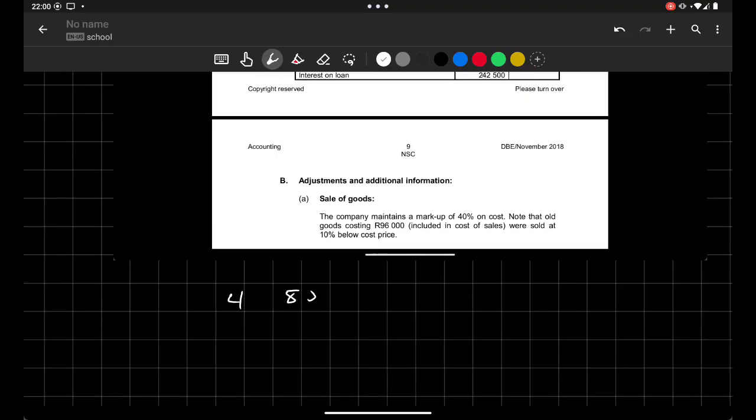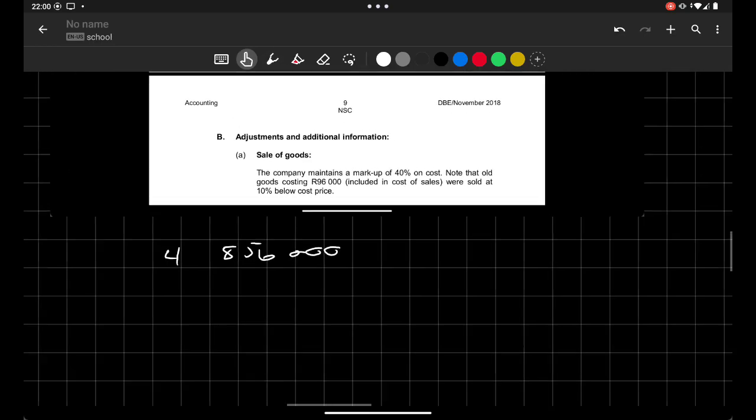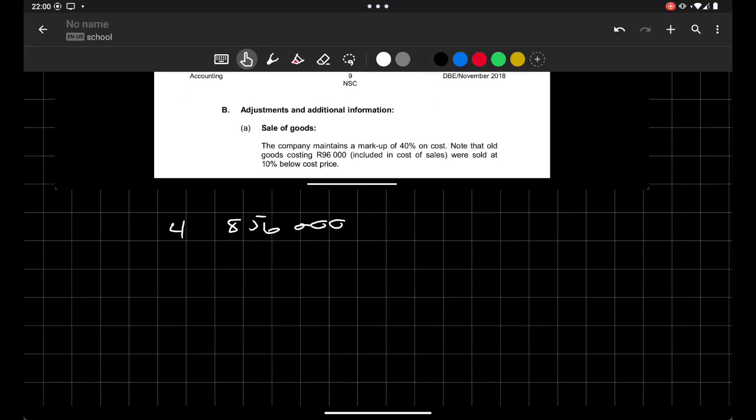Remember, this question is asking us to divide this into two. One will be calculated the normal way with our markup and everything. The other one will be calculated below the cost price. So we made a loss on that stock, right?